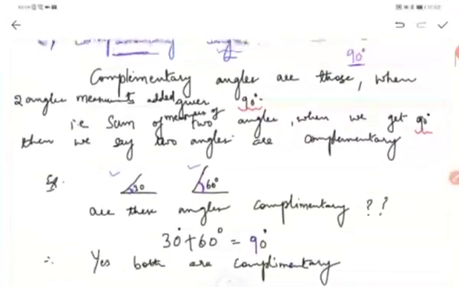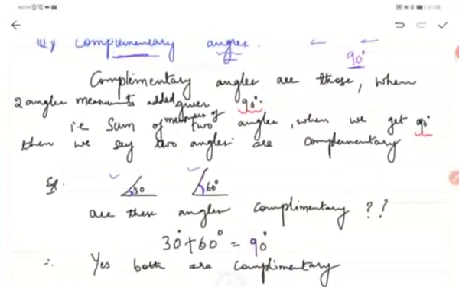Okay. Now tell me, if I take two angles, something like this. Okay, this is 20 degrees and the other is also 20 degrees. So are these two angles complementary?